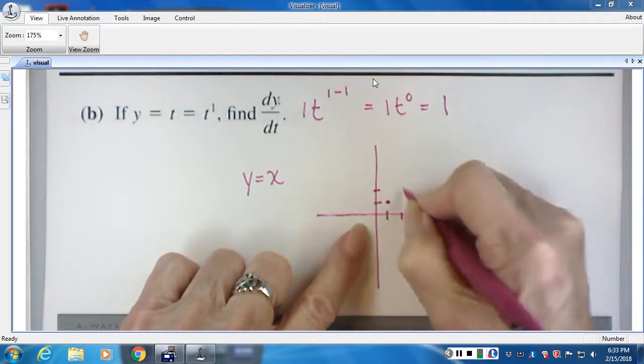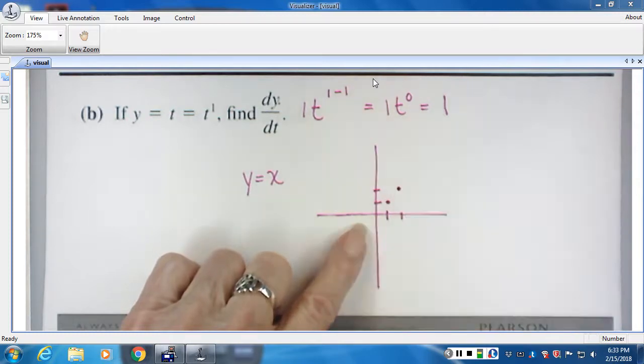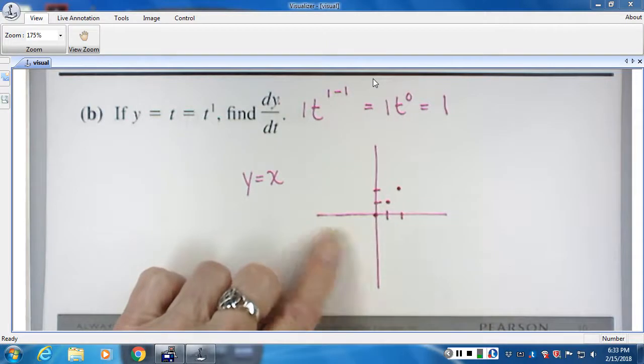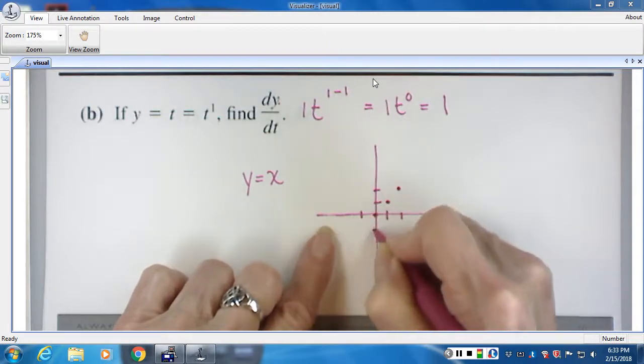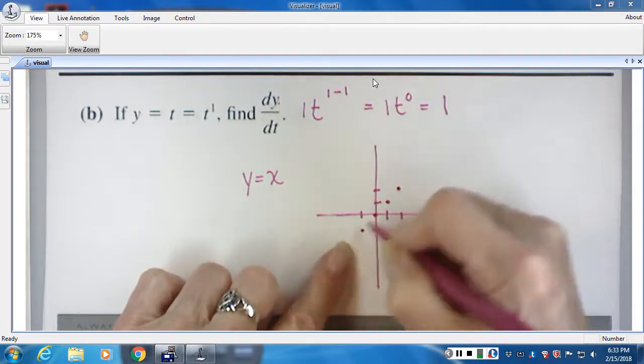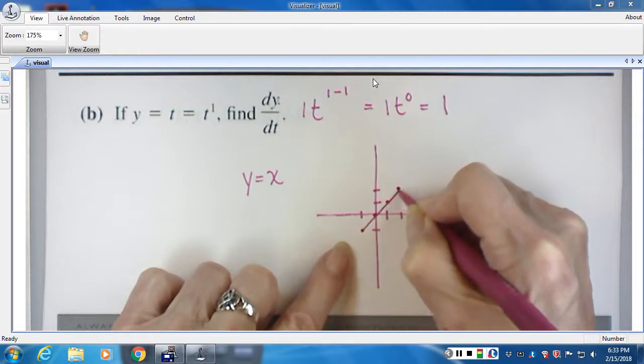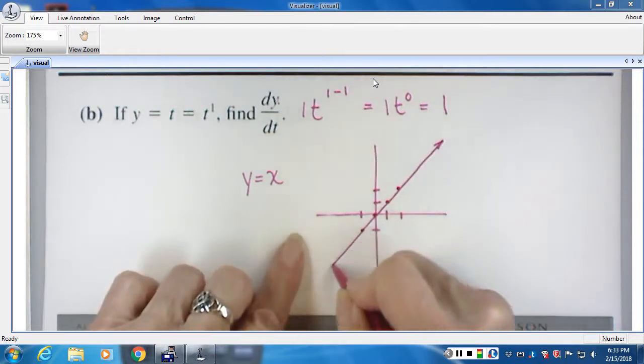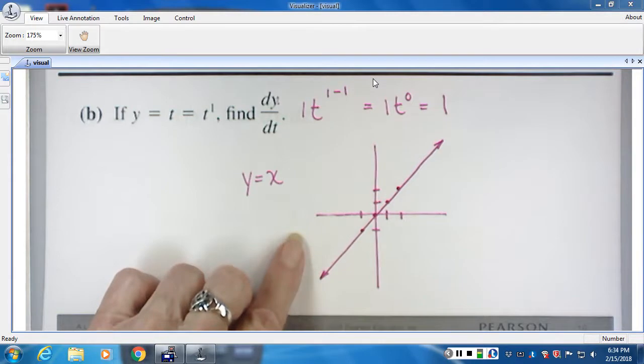If x is 2, y is 2. If x is 0, y is 0. If x is negative 1, y is negative 1. And when you connect up the points of y equals x, it looks just like that.